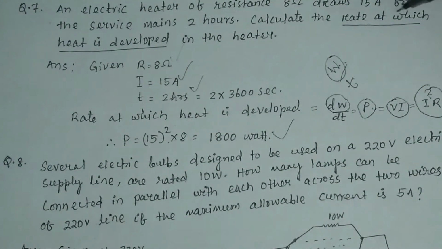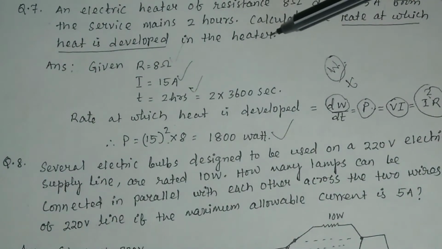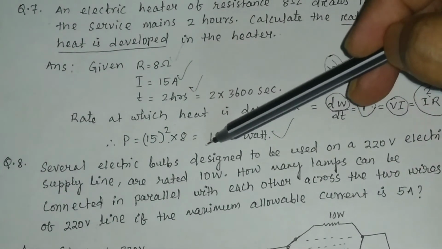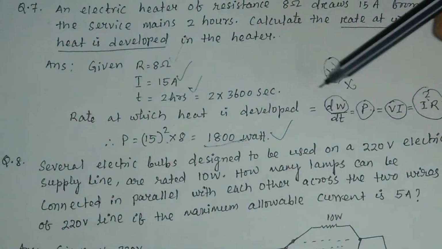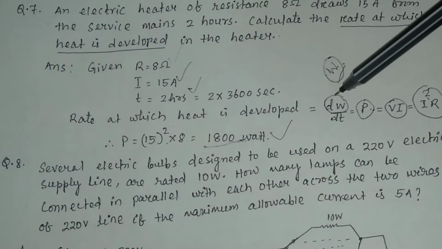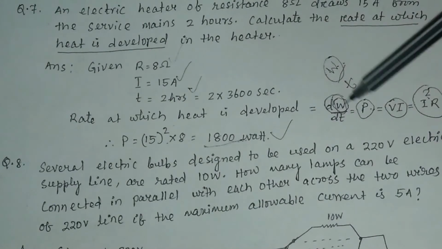So the rate at which heat is developed in the heater is 1800 watt. Remember, the amount of heat developed is equal to the amount of work done. This is very important.